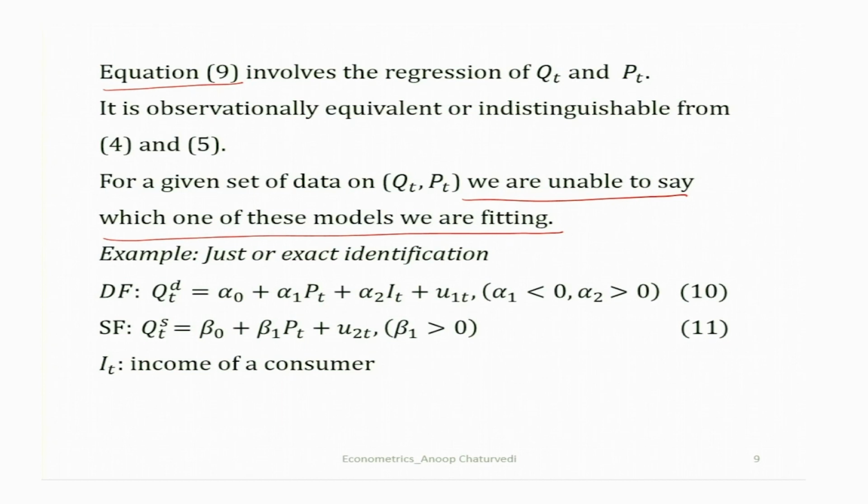All the three are observationally equivalent. You cannot distinguish between these three equations. So, in this sense, both the demand function and supply function are unidentified. You cannot identify these equations.